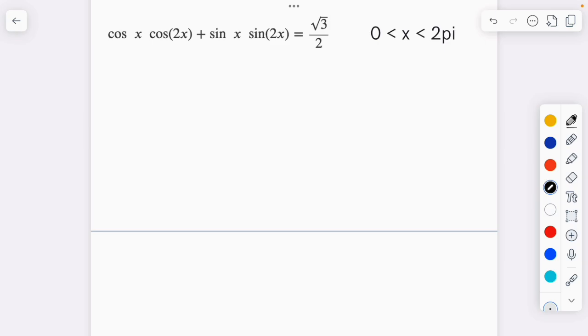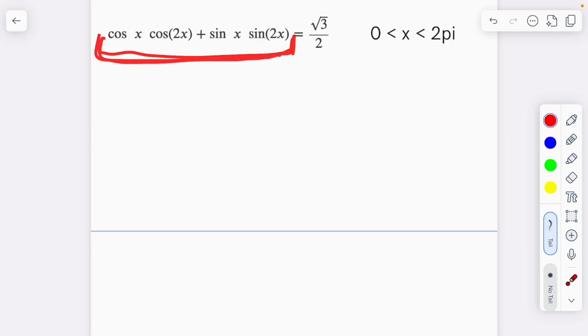Alright guys, now for this one, we've got cos x times cos 2x plus sin x times sin 2x, and this equals root 3 over 2. So where do we go from here? Well, if you remember your compound angle formula, this can be rewritten.